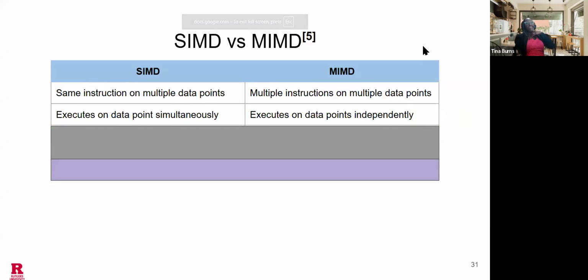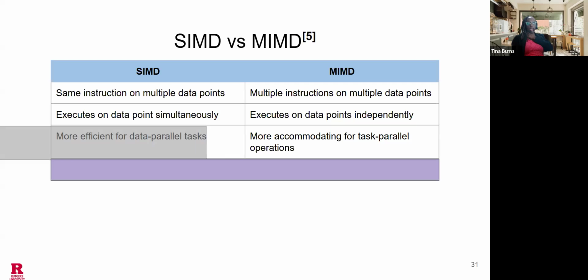All right, for SIMD you can execute on data points simultaneously. For the MIMD, you execute on data points independently, right? Because they are on different processors. Now, SIMD is going to be really good for data parallel tasks.